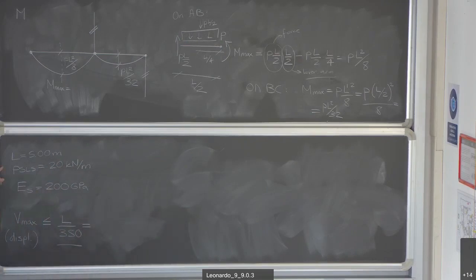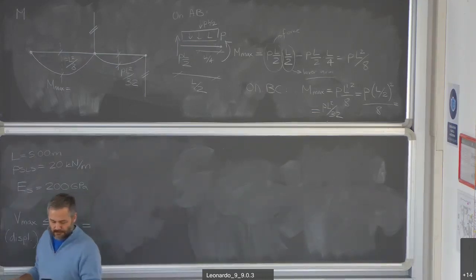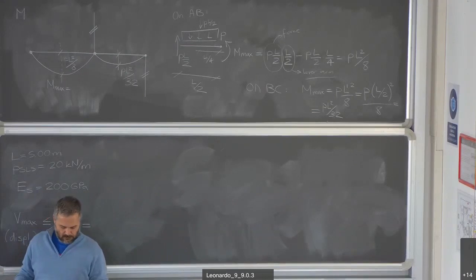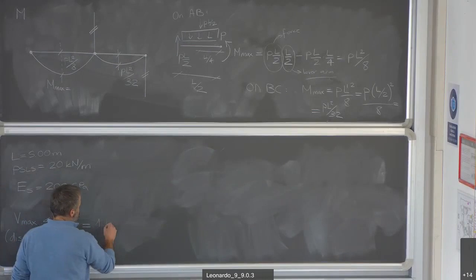L is 5, divided by 350. Somebody do the calculation, or I can do the calculation. I have my calculator. 500 divided by 350, 1.43 centimeters.